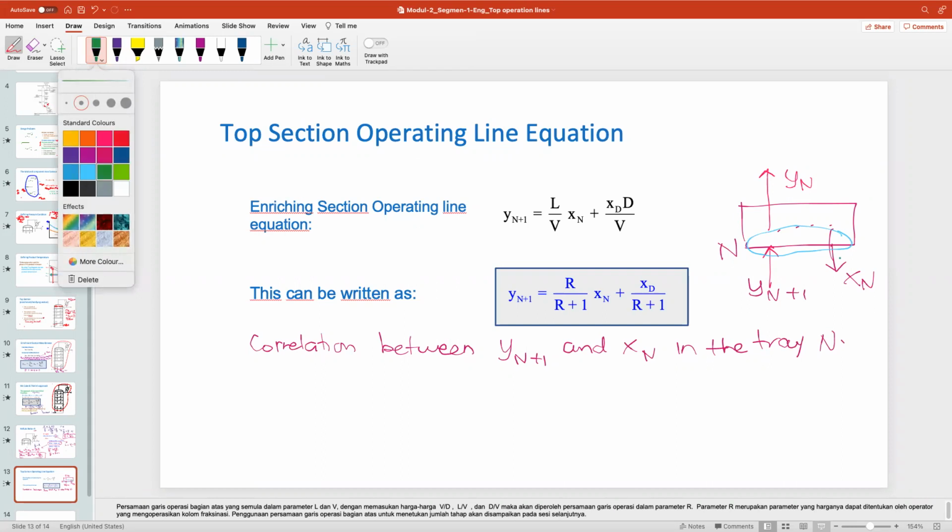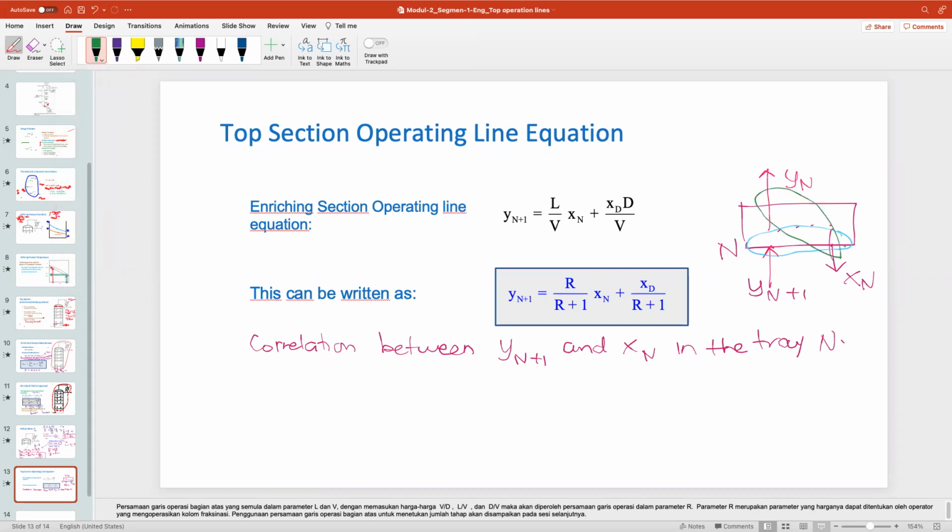This one, the green one. What is the correlation between yn and xn?